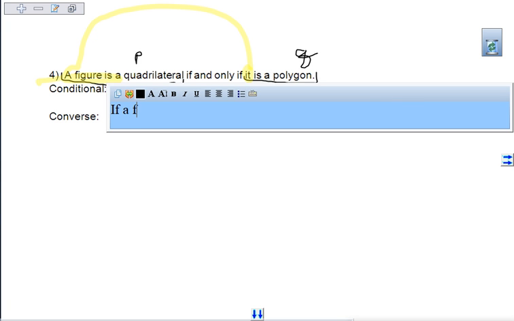If a figure is a quadrilateral, then it is a polygon. And what's our truth value for that statement? Remember, a quadrilateral is a four-sided shape, and a polygon is a many-sided shape. So this is true.